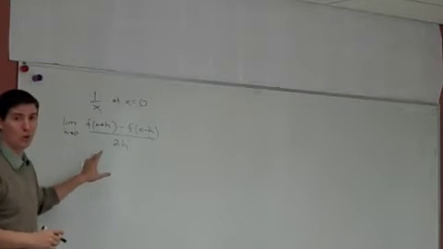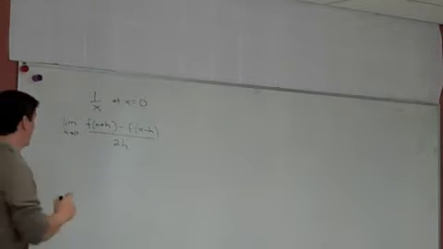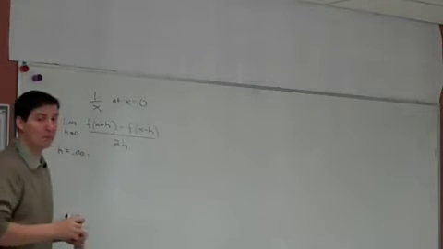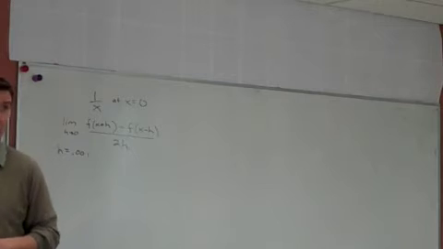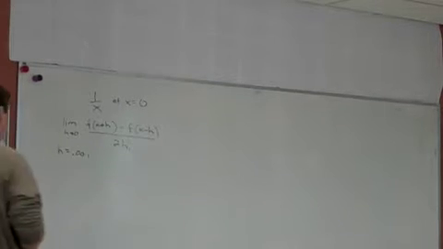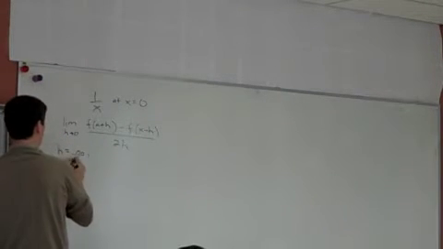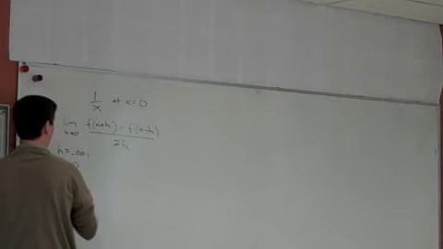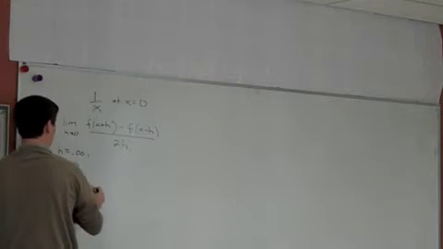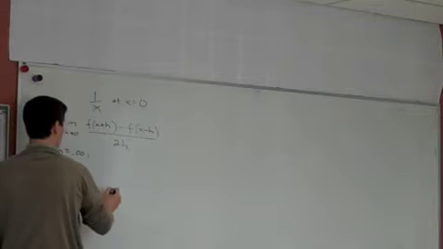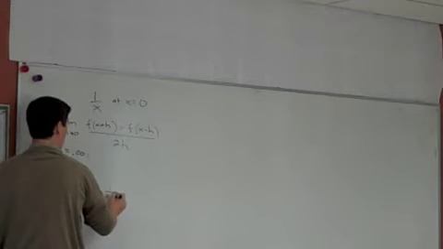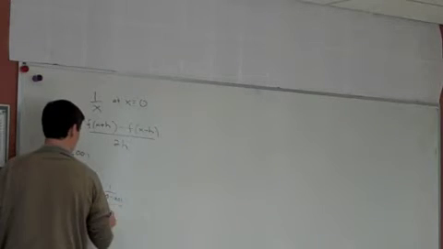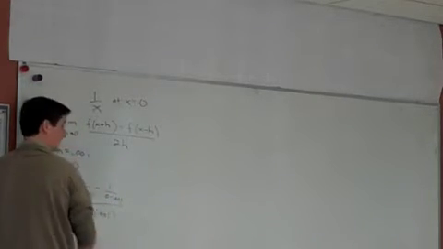Here's the symmetric difference quotient. We're going to go a little right and a little left. We're actually going to go 0.001 right and left, okay? And x is 0. We want the x value of 0. So f of x plus h is going to be 1 over 0 plus 0.001 minus 1 over 0 minus 0.001, all over 2 times 0.001.